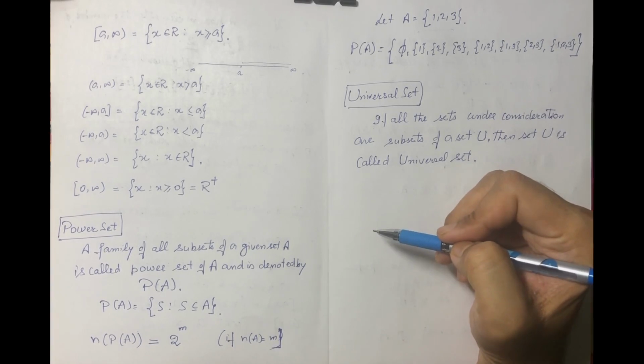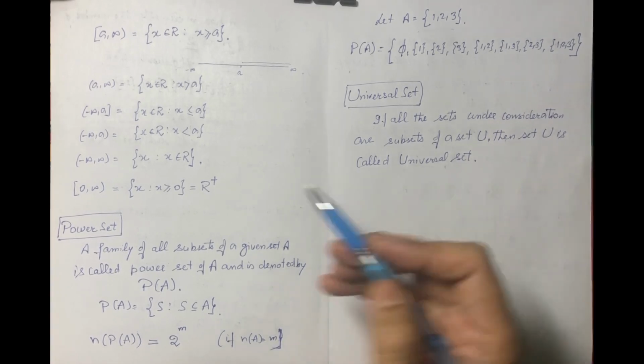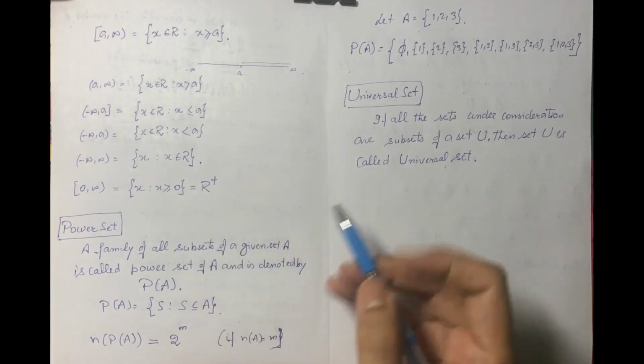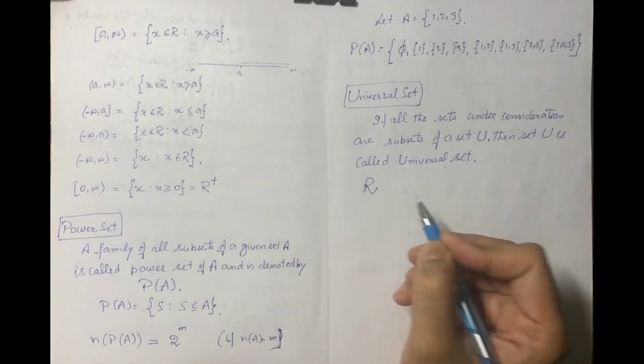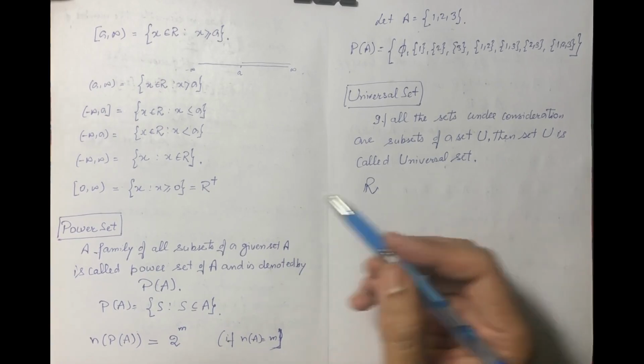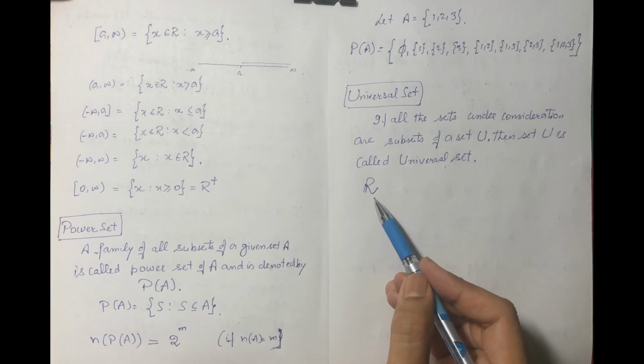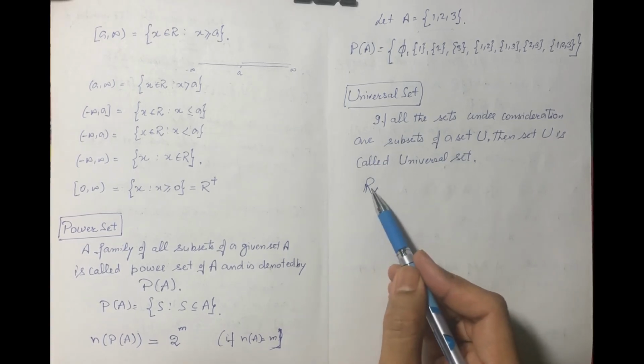And another example is, so while dealing with intervals, what is universal set? R, set of real numbers, because every interval is a subset of real numbers. So R is a universal set.